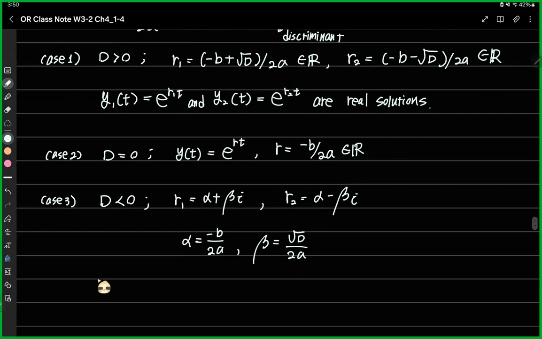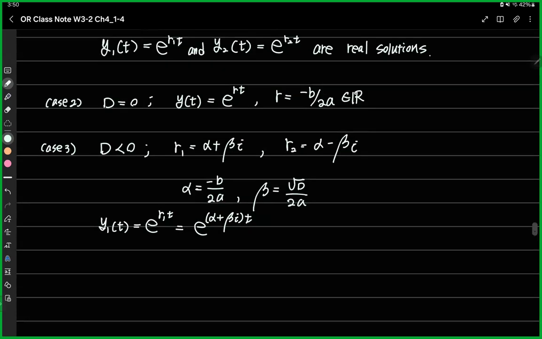So then y1 of t is e to the R1 t, right? This is equal to e to the alpha plus beta i times t.